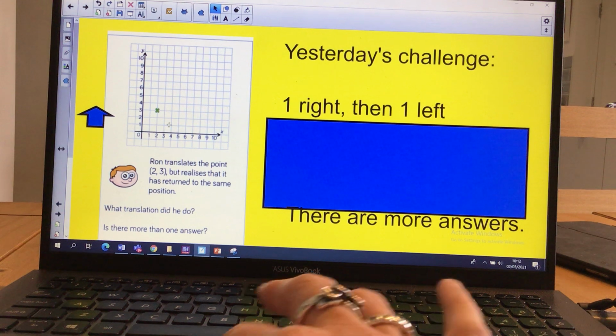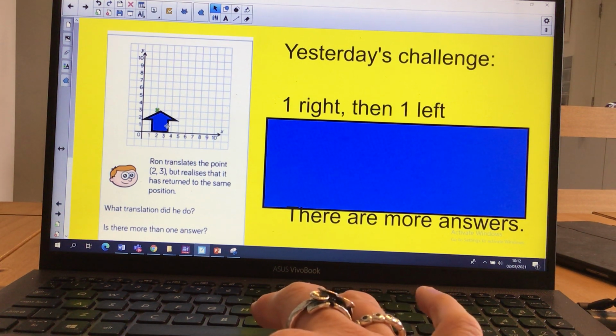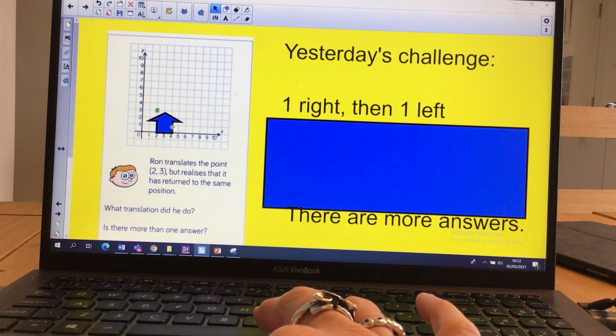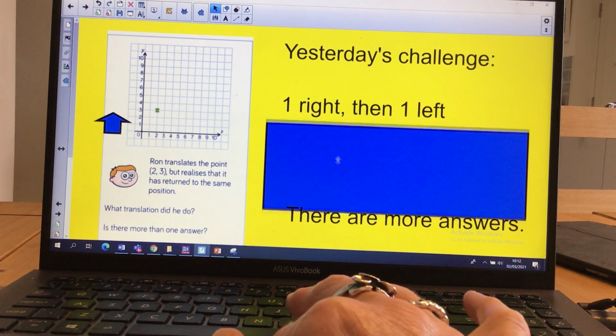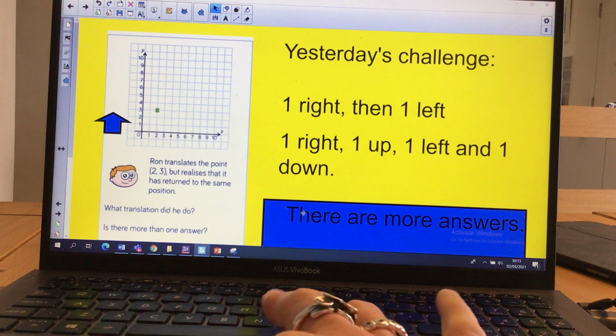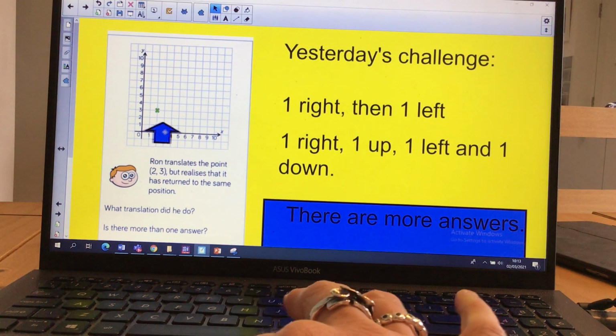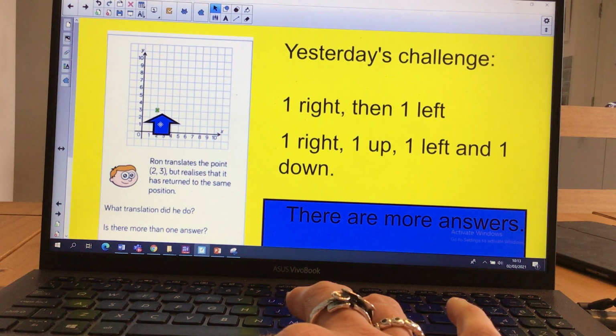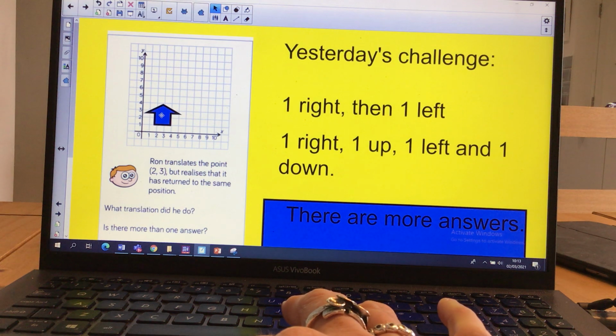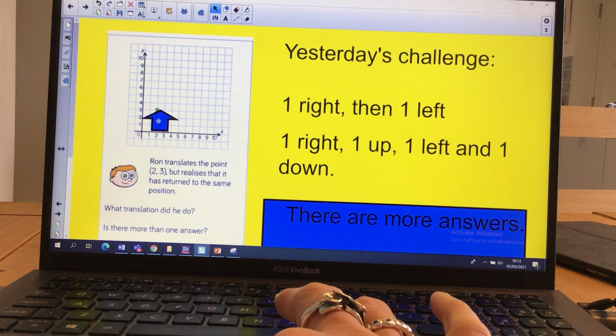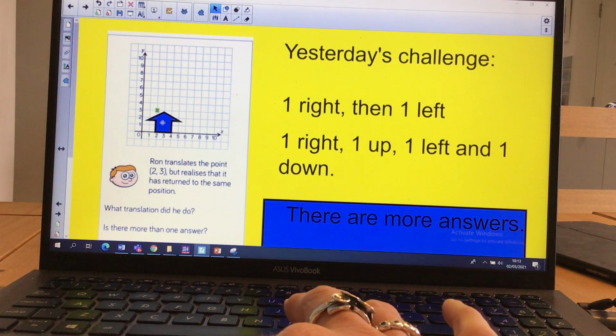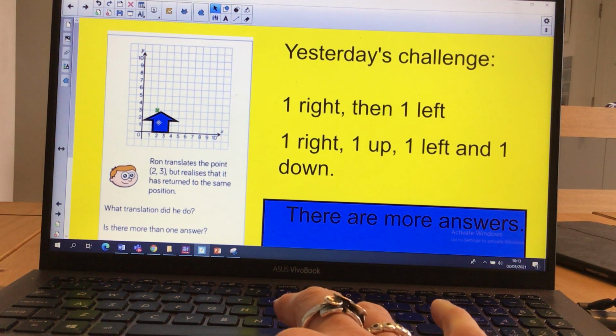So you could do something like one to the right and then one to the left and end up back where you were, okay? Or you could do something like this as well. You could end up going sort of round in a circle, really. One to the right, one up, one to the left, and one down. But there are other answers, because instead of right first, you could go left first.